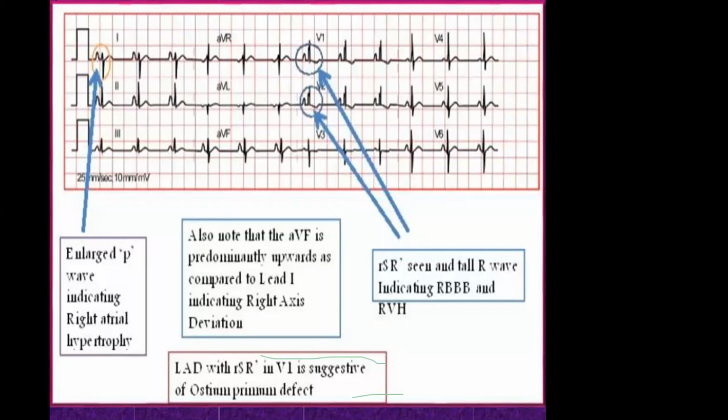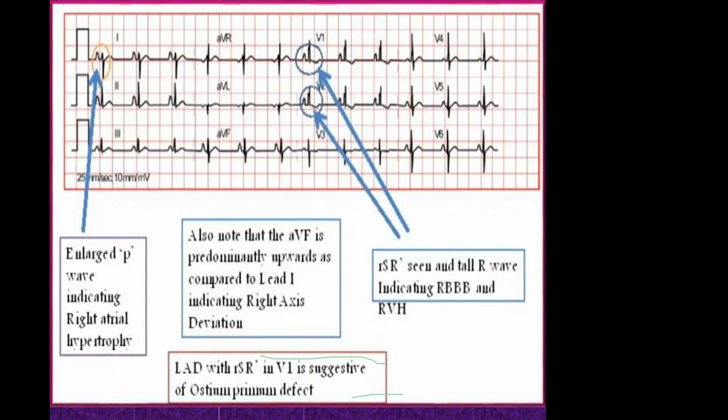And if it is right axis deviation, then it would be ostium secundum, isn't it? There were so many signs we had spoken about when we did our ECG session earlier.